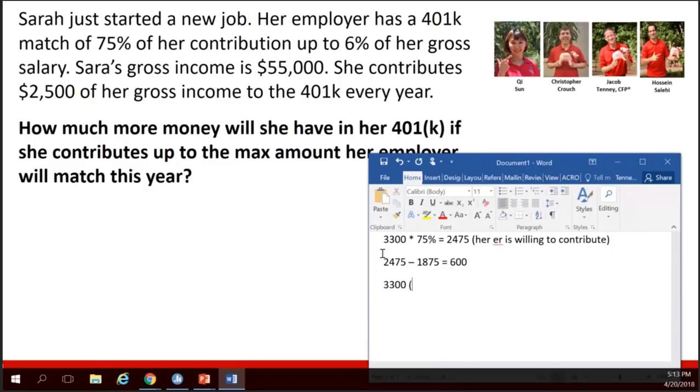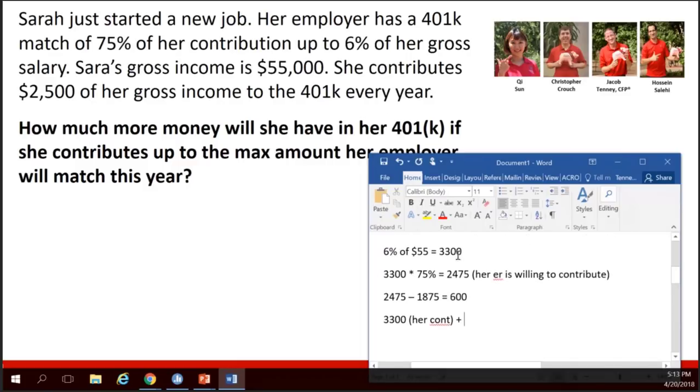So she is going to contribute 300 to max out her employer match. And when she contributes this much, her employer is going to match 75%. So this would be her employer contribution. Okay? And you need to add up these two, which is 5,775.